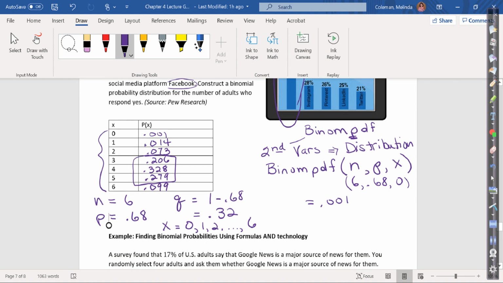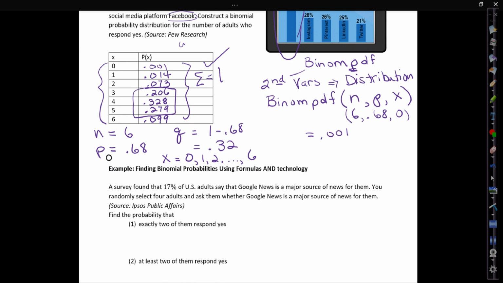We also really, again, should check and make sure that the sum is equal to 1. And it does, because I checked it already. And we also should make sure that all of these values are between 0 and 1.